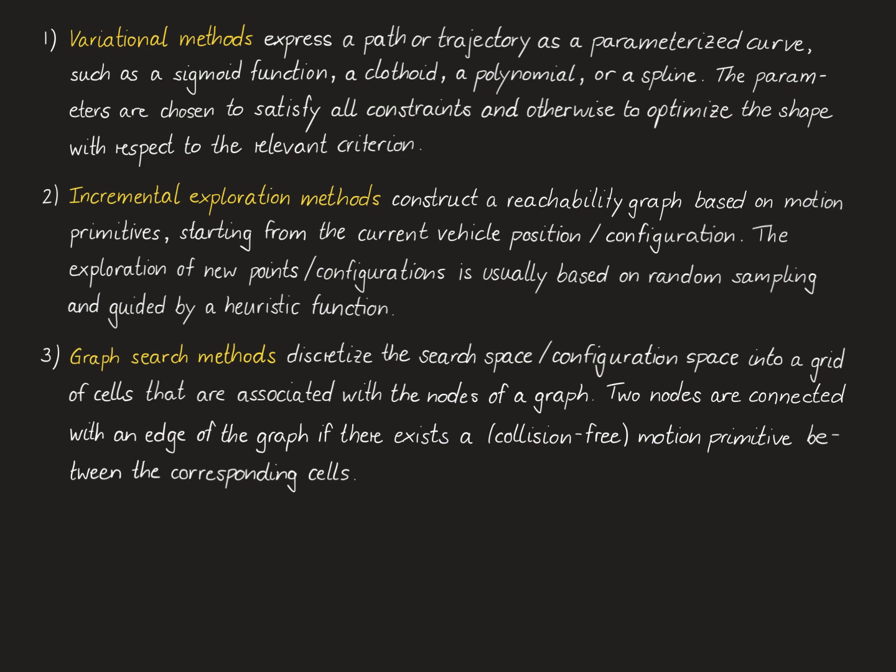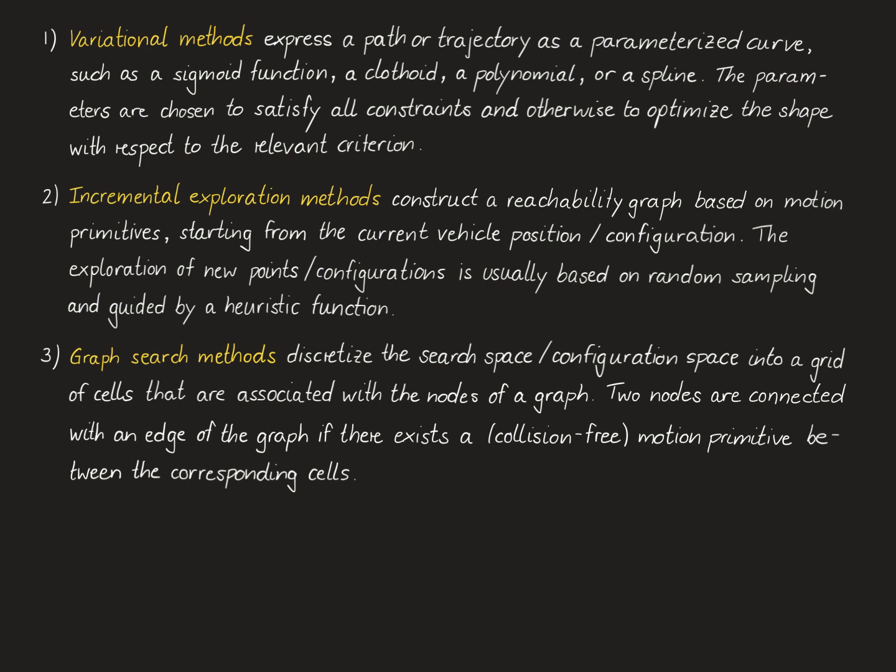Two nodes are connected with an edge of the graph if there exists a collision-free motion primitive between the corresponding cells. Then we can apply any classical graph search algorithm, such as Dijkstra's algorithm or the A-star algorithm, to search the graph for the best path that transitions from the current vehicle node to a given target node.